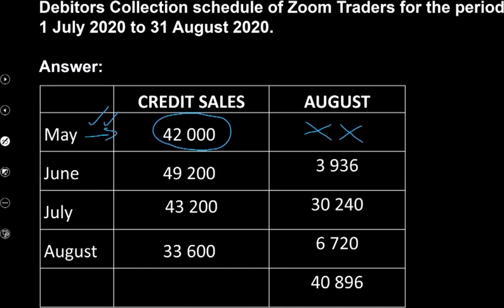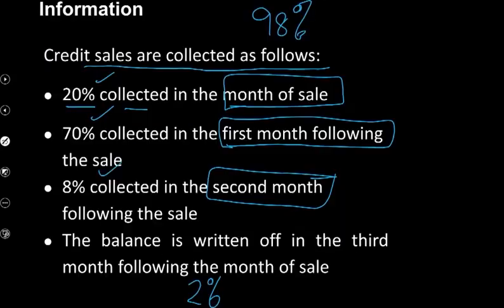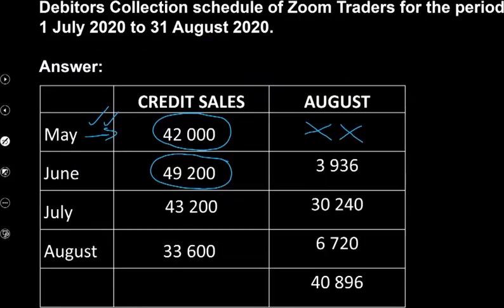Let's go to June. June, we know that our credit sale is 49,200. We know that some debtors will pay us in June, some will pay us in July, and 8% will pay us now in the month that we are dealing with, which is August. Let's do our calculation.